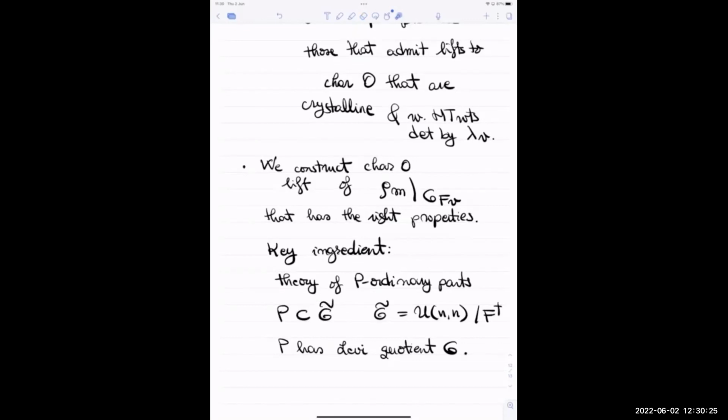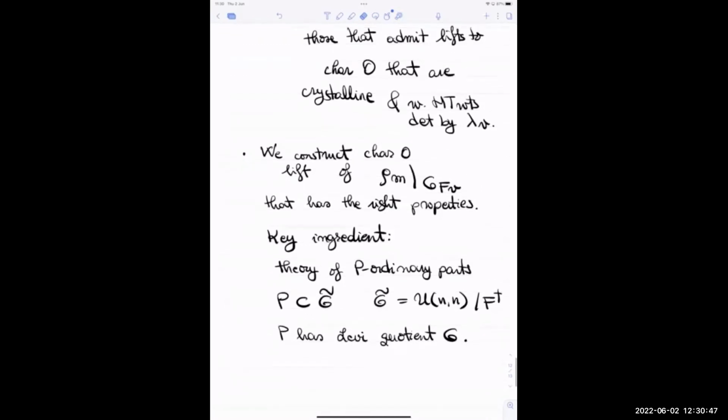So the relationship between our group G, which is essentially GL_N over F, and this larger unitary group over F plus is key. And for us, the key idea that we use for local-global compatibility is we work with p-ordinary parts at this prime v where we're trying to understand things.